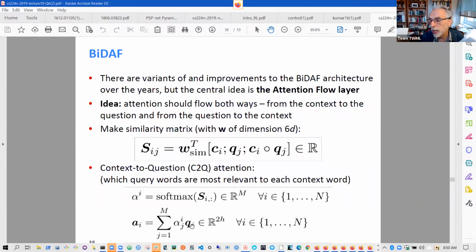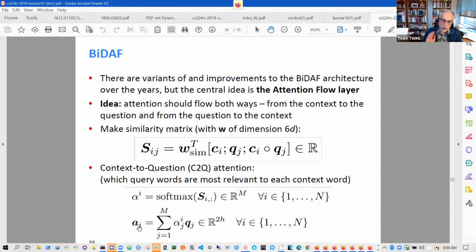So it tells you how related that query word is to that context word. And then this is a sum over all these query words. It's a weighted sum of all the query words. So it's basically mapping, and you get that sum for each passage word. So it maps each passage word to an attention-weighted average of the question words.